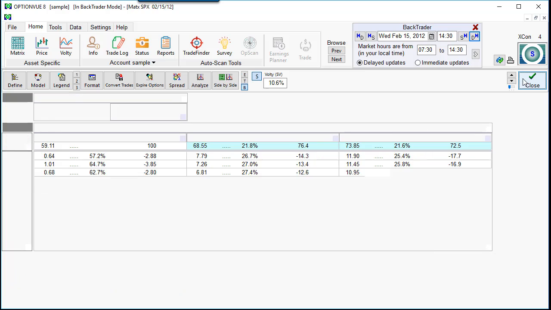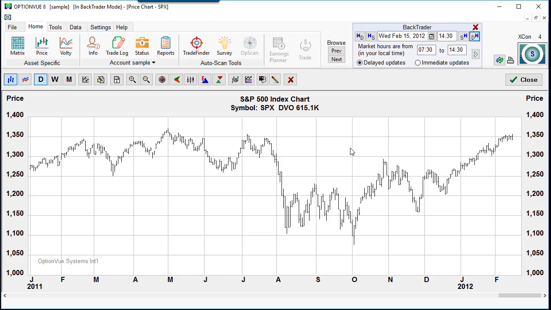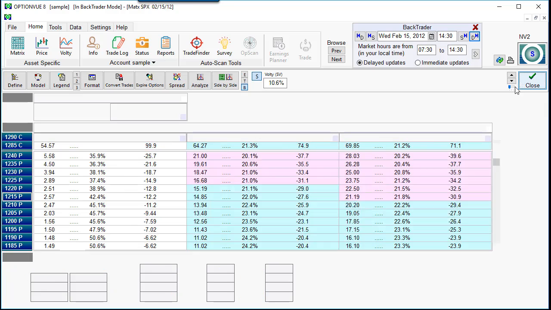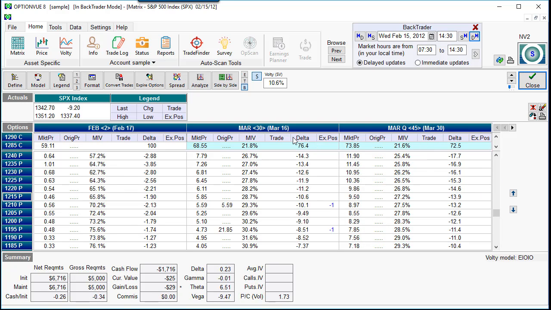All right, now remember, every cycle is not always going to have an almost 100-point move to the upside. In fact, after we close this one out, the next cycle is going to have it moving sideways and even down some. So let me show you that.